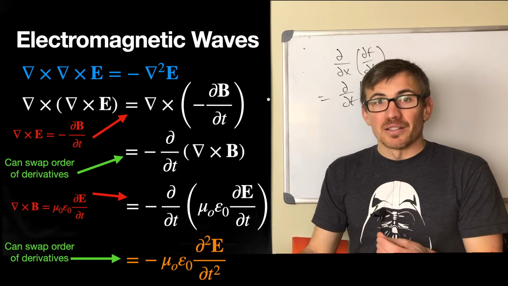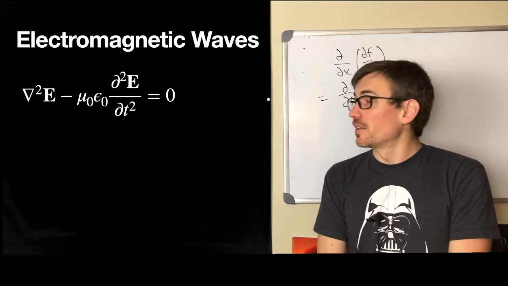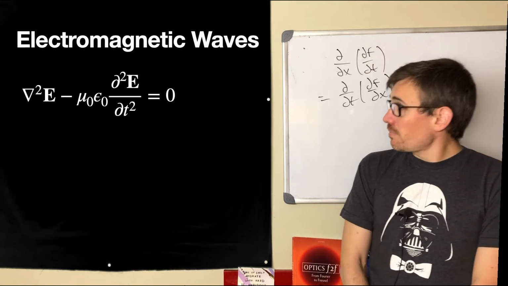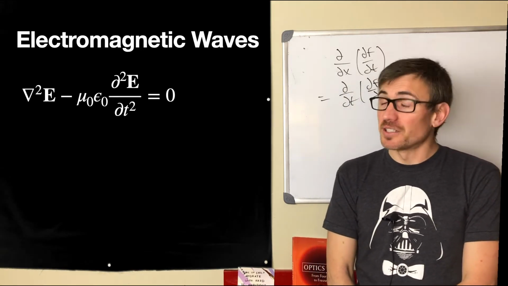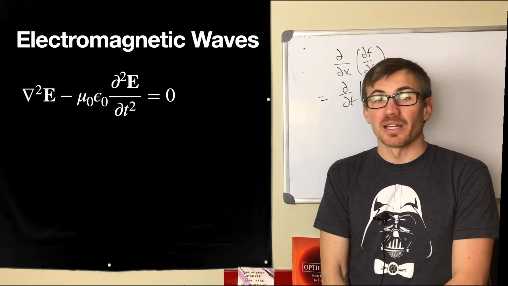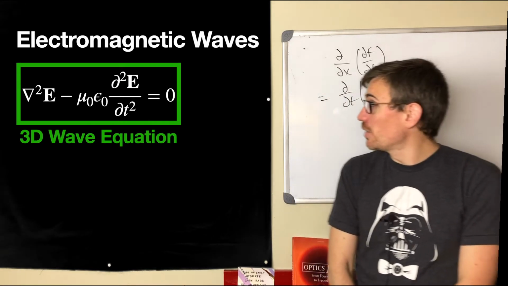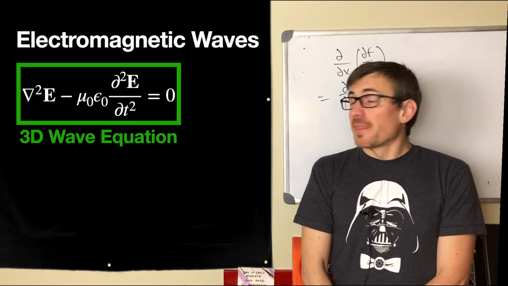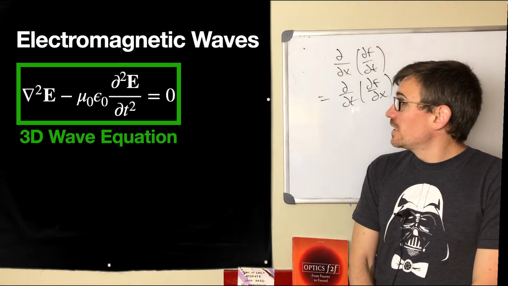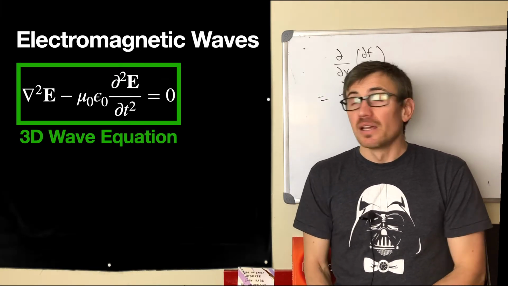They're the same thing, so we might as well equate them, and we can write this as follows. The Laplacian of E minus the constant times the second partial time derivative of E. This is the equation we get. This, as it turns out, is a very important equation. This is known as the 3D wave equation, and this is all we need to predict electromagnetic waves. Okay, you may not be familiar.